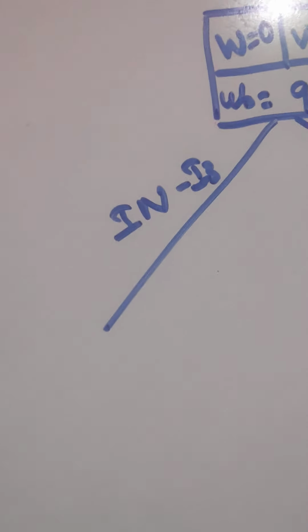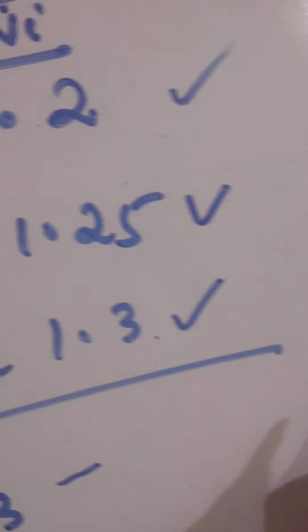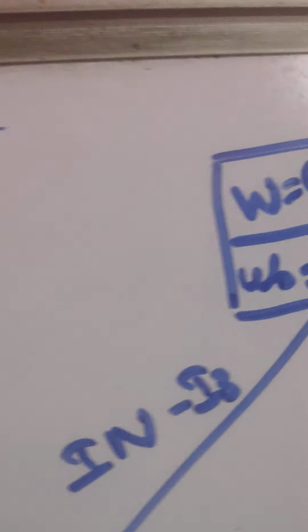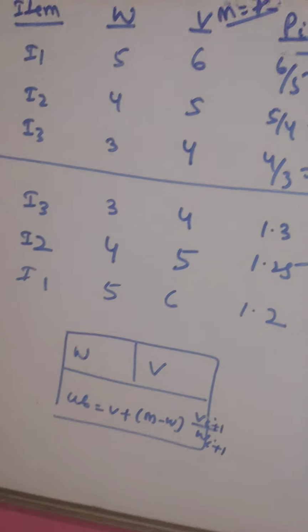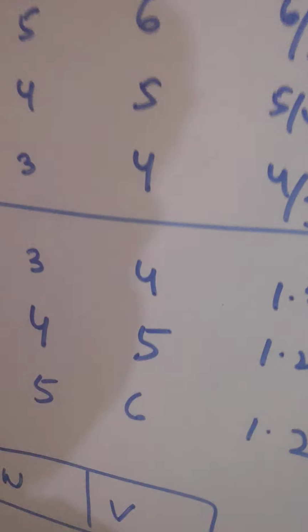So while I have to include I3, my weight was 0. Since I3 weight was 3, my weight becomes 3 and my value becomes 4.